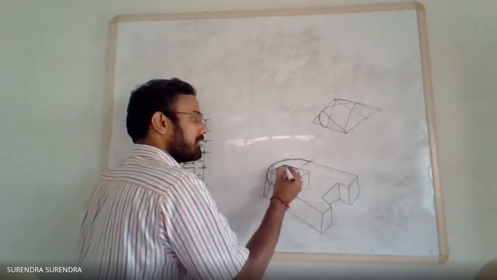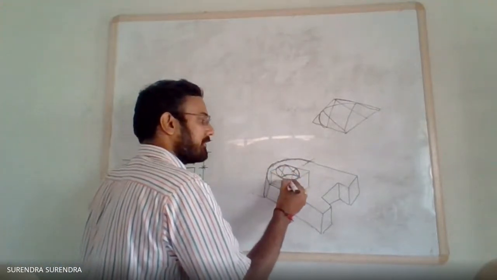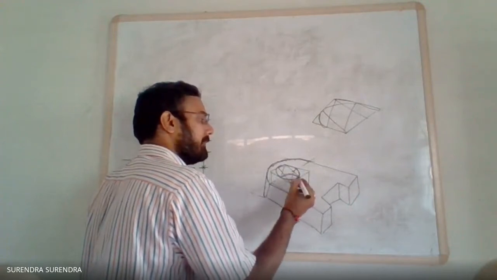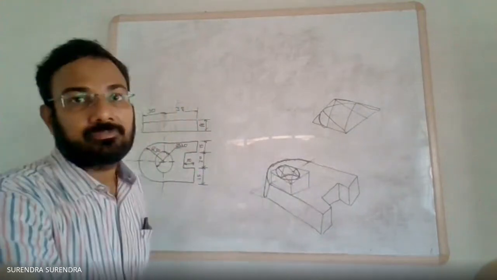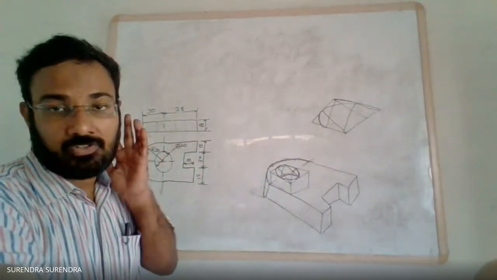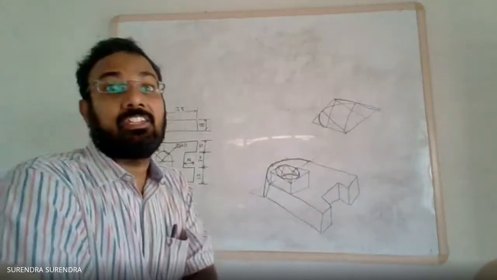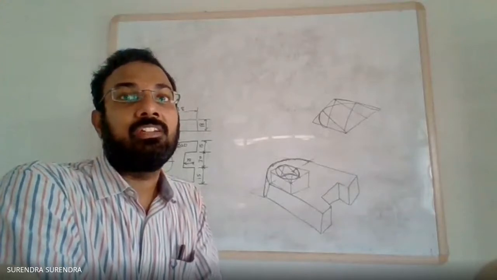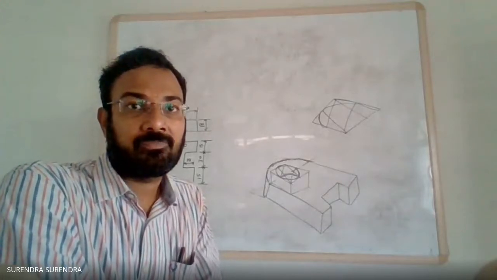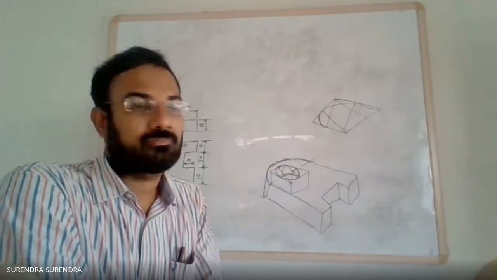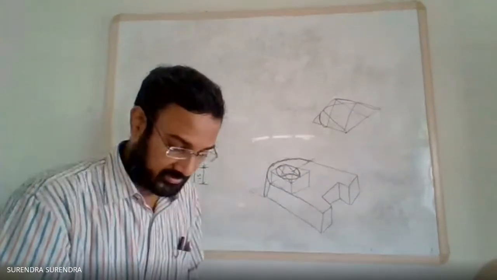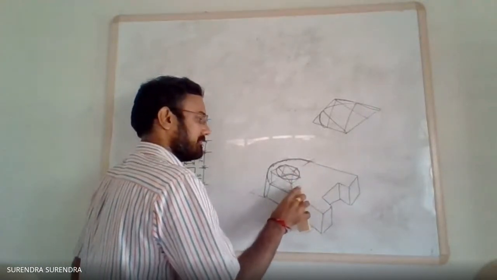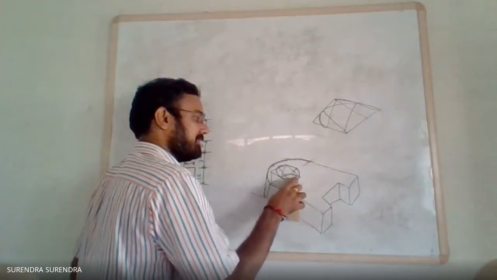Only this elliptical shape and the internal circle, only the part in between these two points. Whenever semicircular surfaces exist, be careful while drawing or representing them in the isometric view. This is the final shape. I am erasing the unnecessary construction lines.